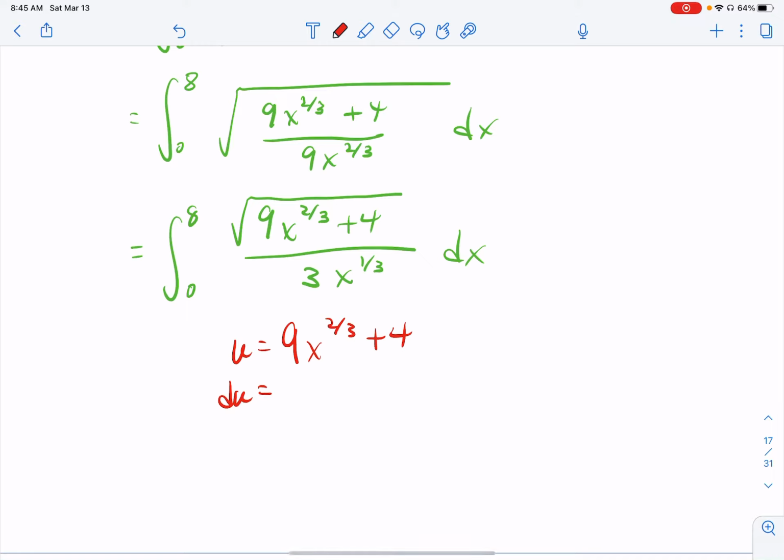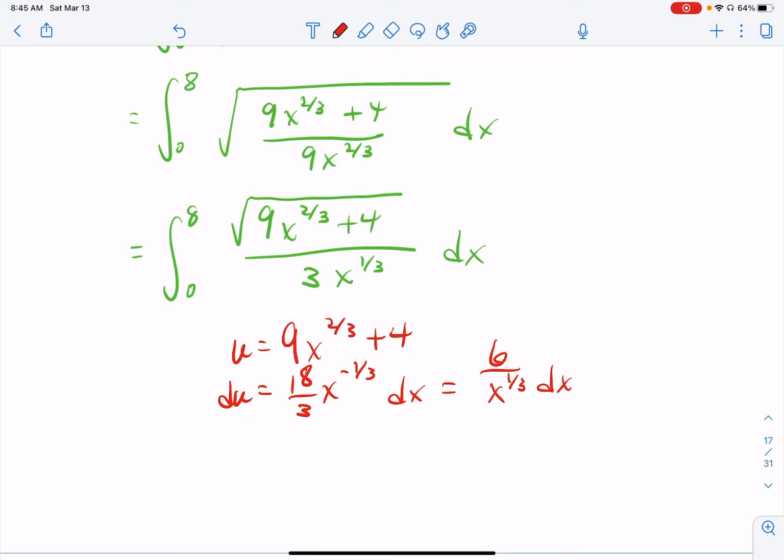Then du is 18/3, which I can reduce, times x to the negative 1/3 dx. That's just 6 over x to the 1/3 dx.